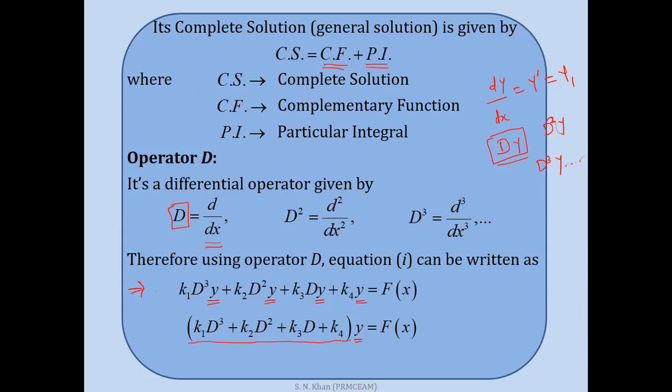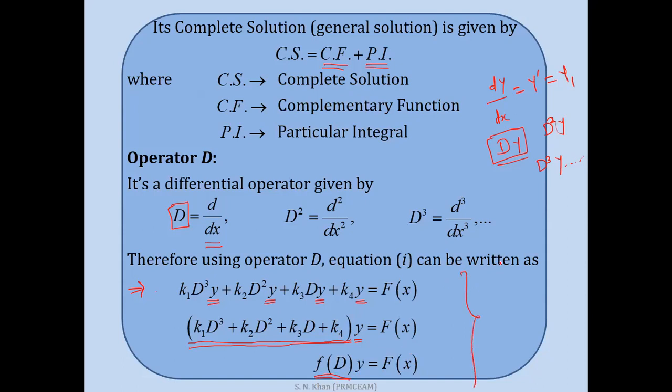So this complete bracket contains operator D cube, D square, D. So we will denote it as f of D. The bracket of operator D written here was k1 D cube plus k2 D square plus k3 D plus k4. So whatever operator comes in the differential equation, that operator can be denoted as f of D, meaning function of D, operating on y, equal to capital F of x as it is.